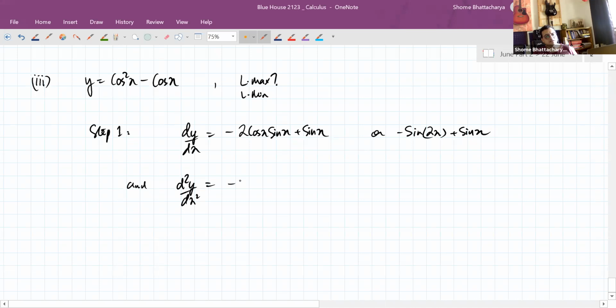So you'll see it is minus 2 cos 2x plus cos x. Now second step, to find our critical points, we have to find the roots of this equation dy by dx equal to 0.